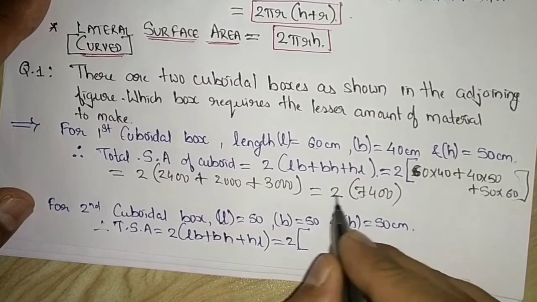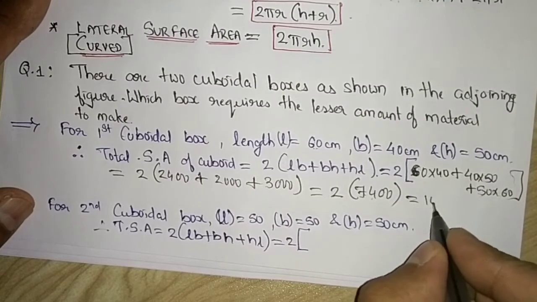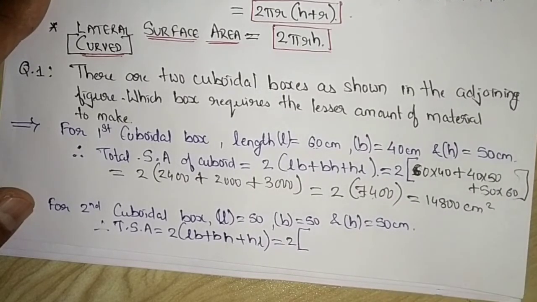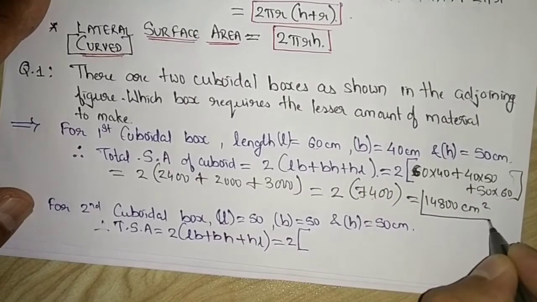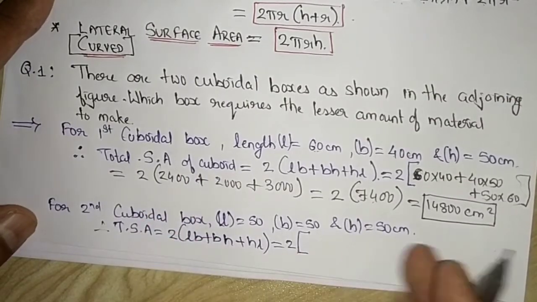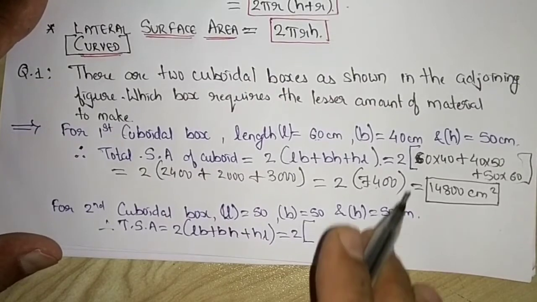Multiplying by 2, I will get 14,800 centimeter square. So this is the total surface area of the cuboid given in figure 1.